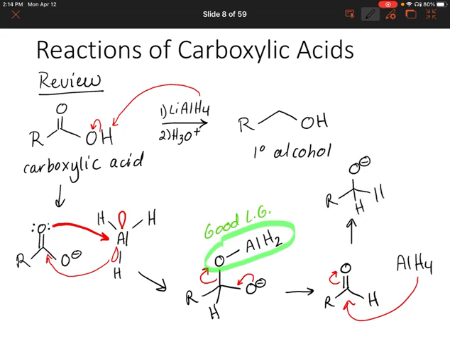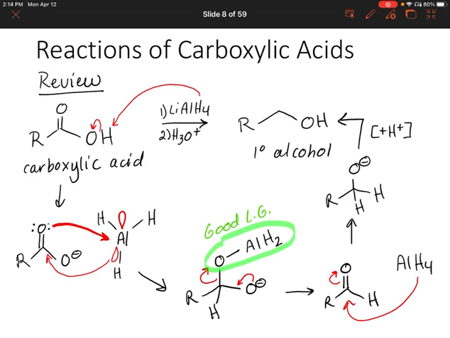Now we have two hydrogens bonded to that previously carbonyl carbon. And in our last step, we're just going to add a hydrogen to that oxygen through protonation with an acid. So again, this is something we have seen before. It was a long time ago, but it's always good to review.